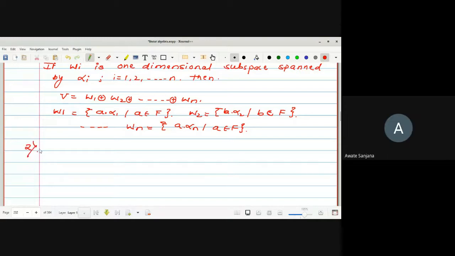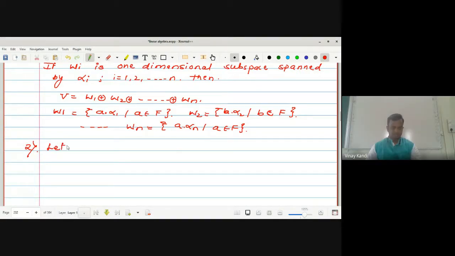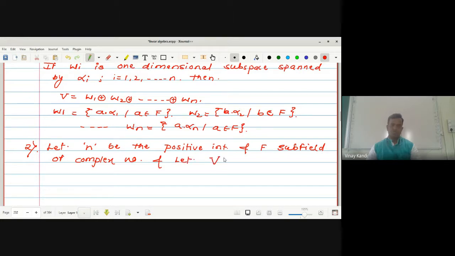Second, let n be a positive integer, and let F be a subfield of the complex numbers.